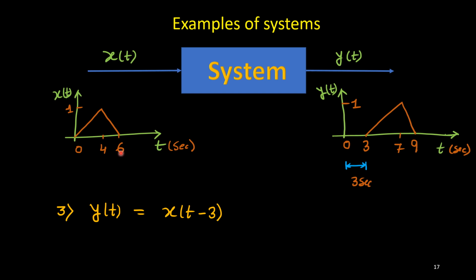So the meaning is that this total x of t signal is shifted to the right side, exactly by 3 seconds. So this indicates 3 seconds. So t minus something is basically shifting to the right side. This kind of system is called a delay system. So the output is delayed, in this case by 3 seconds.